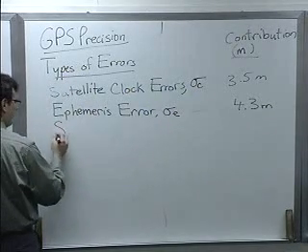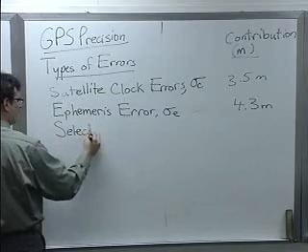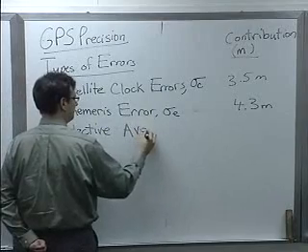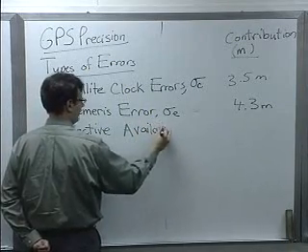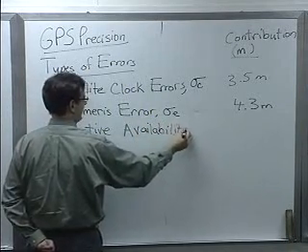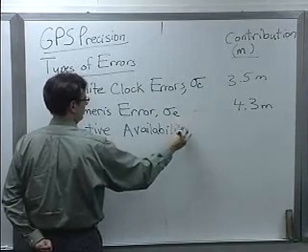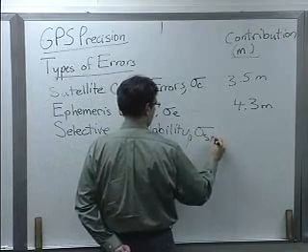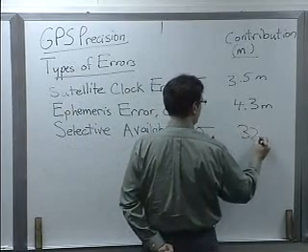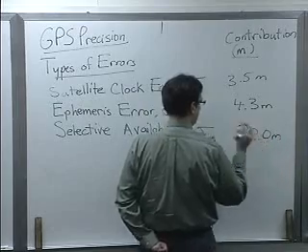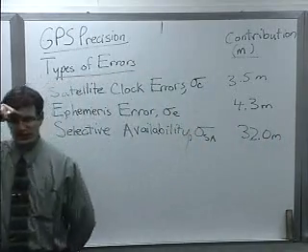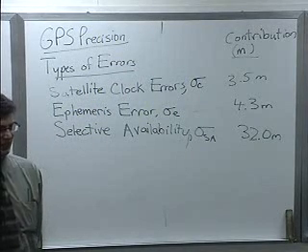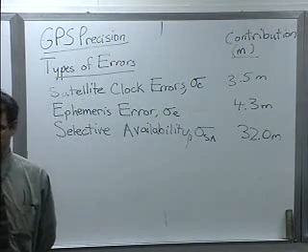There's another kind of error that we don't really get anymore. Selective availability, or SA. And this was about 32.0 meters. This was the intentional degradation that the US government would introduce into GPS just to make sure that the civilian GPS was not perfectly precise.